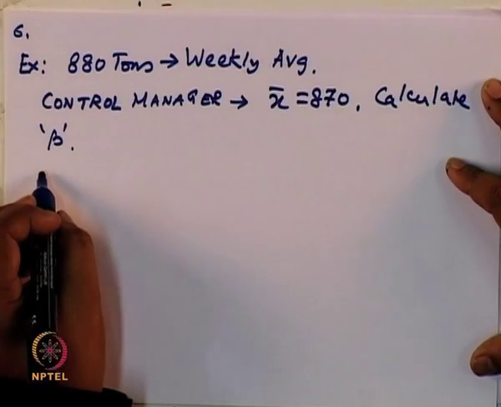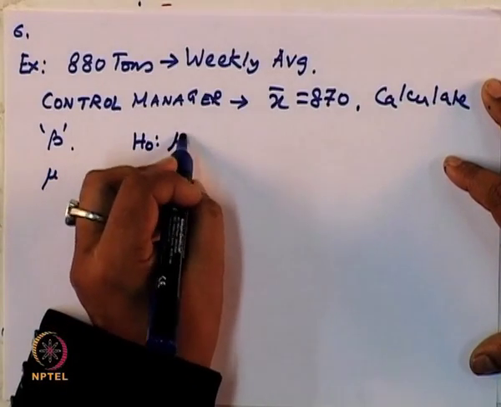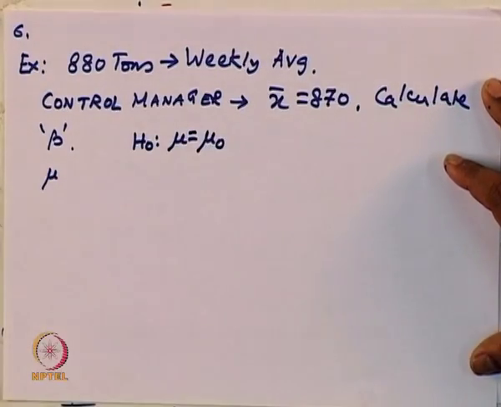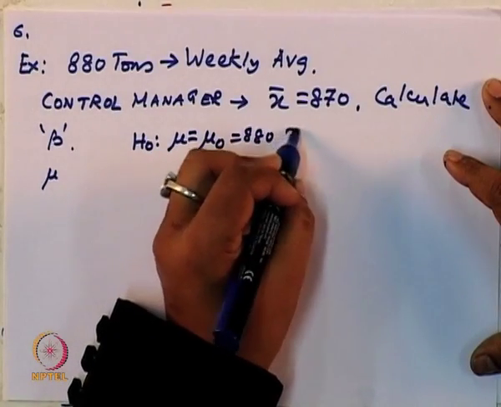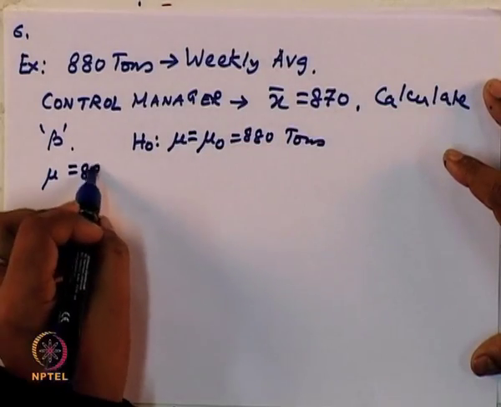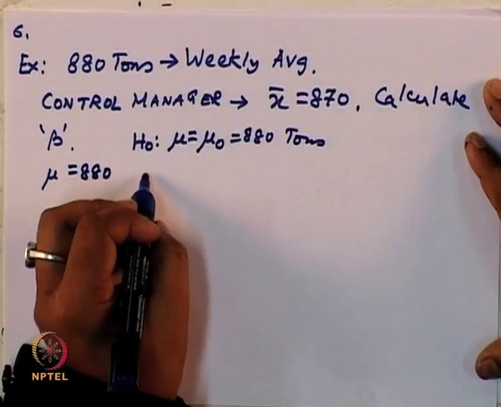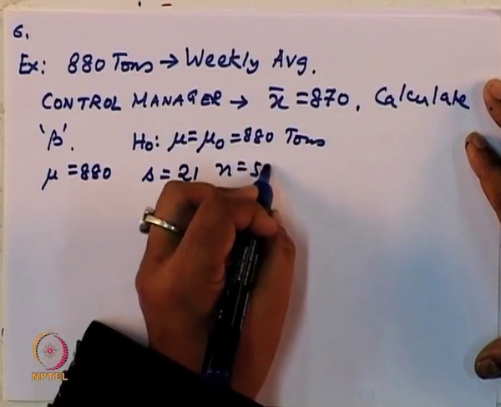Now, what we know is my null hypothesis is mu equal to mu naught, and this mu naught is 880 tons. From previous cases we had seen S was 21, N was 50.